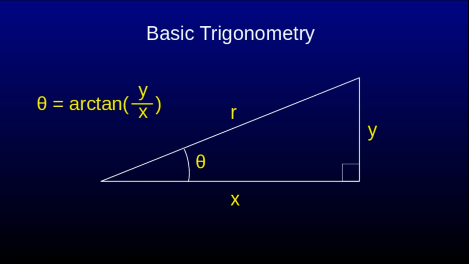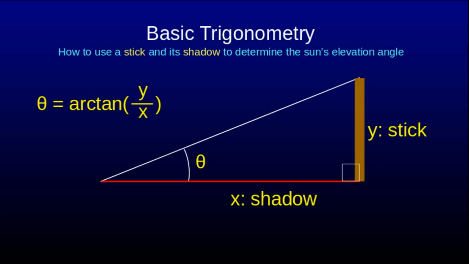We can also take the arctangent on either side of the equal sign and obtain a new equation that isolates theta for us. So then theta is simply equal to the arctangent of y over x. We'll use this principle when we use the stick in order to measure the angle of the sun in elevation above the horizon.